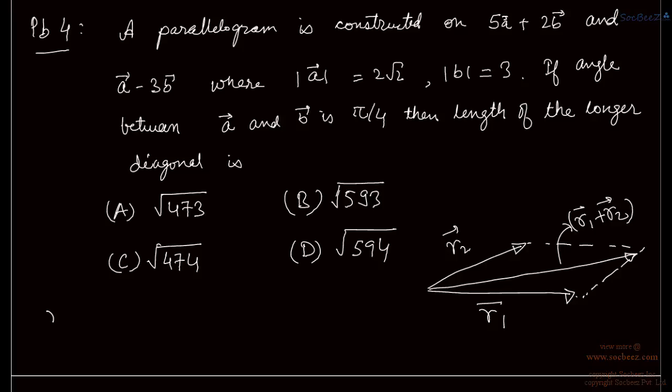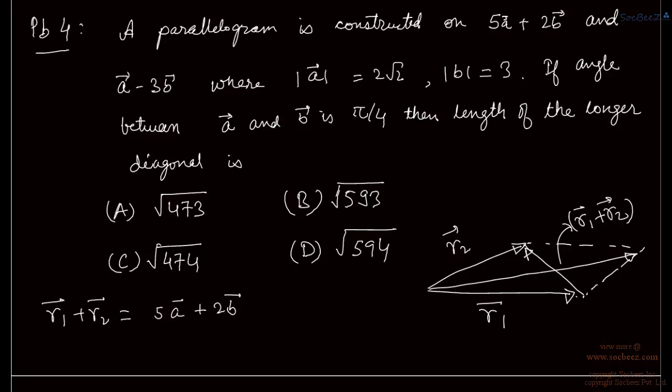Okay. So r1 is 5a plus 2b, and r2 is a minus 3b. There are two diagonals: one is r1 plus r2 and another is r1 minus r2.